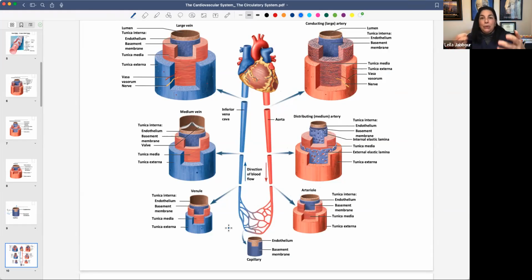And it's at the capillary beds that we're going to have this big exchange of gases and nutrients, and the blood keeps flowing. As it keeps flowing, it gets into the venous system, starting with venules that turn into medium veins and then large veins. The structures are going to be a little bit different as well, just like we saw for arteries. We're going to see that for veins.